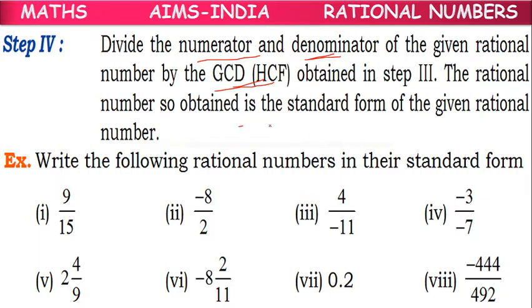Then we can tell that it is in standard form. Okay. So here we have some questions, children. We have to change them into standard forms, not lowest form, standard forms. In lowest form, only the HCF we are checking, but in standard form, the denominator also is to be positive.